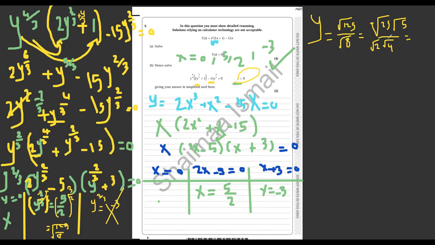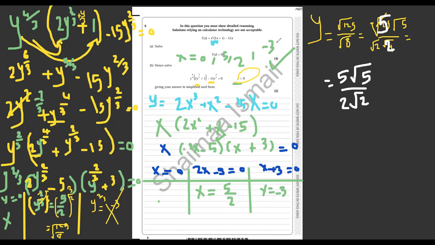Okay, then here root 25 will be equal to 5, and root 4 will be equal to 2. So we rewrite it like 5 root 5 over 2 root 2.